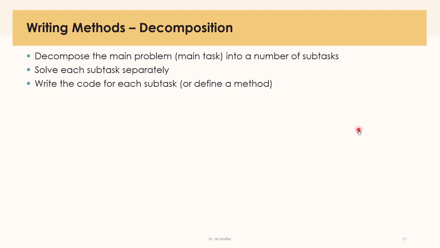Furthermore, if your program has a bug that is a logical error, then it is easy to locate the code that is creating the bug, because the solution of the problem is decomposed into smaller tasks, and for debugging, it is fast to locate the code that is generating the bug.